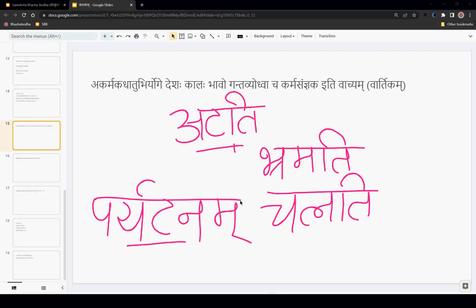Though technically it is right. You can say, yeah, my usage is supported by this vartika, so I will use it. But that's how, when we read this grammar, we should not take it literally, word by word, saying it is like this so I am going to use it like this.